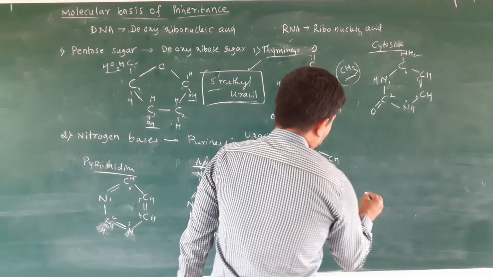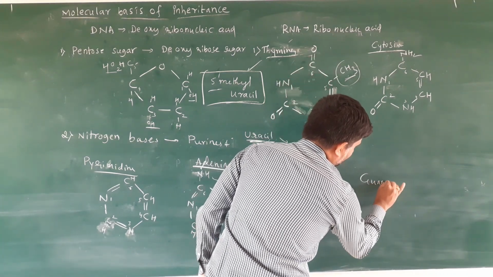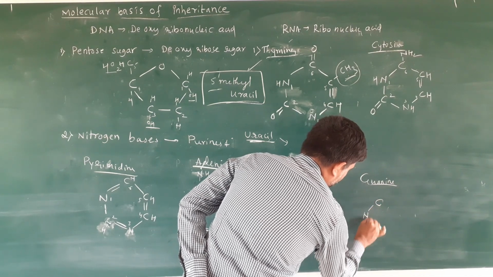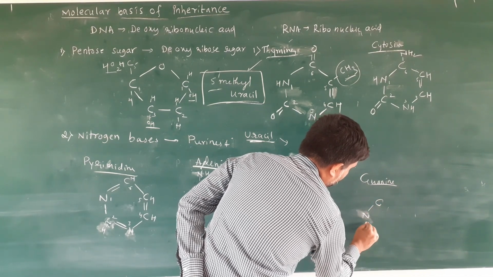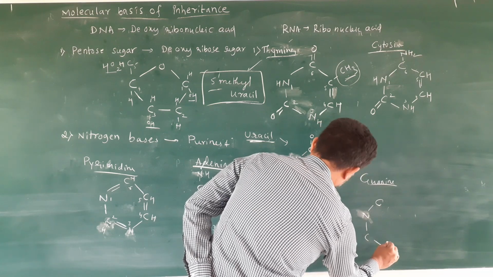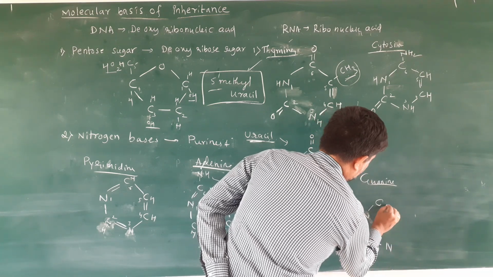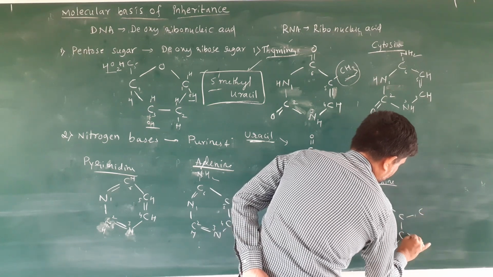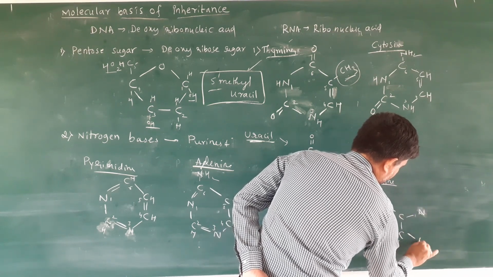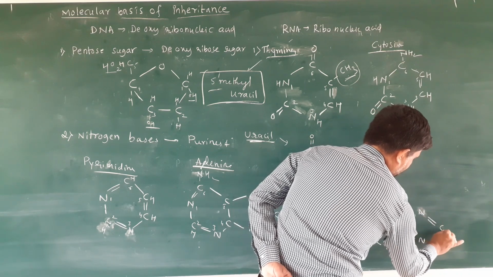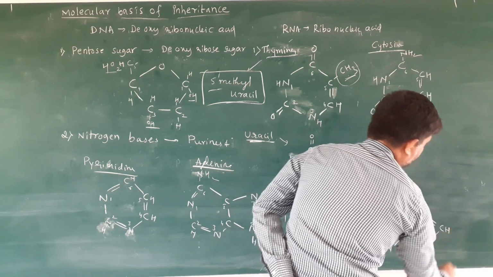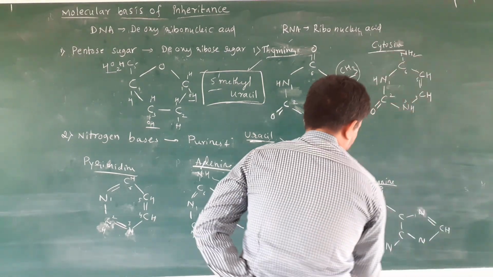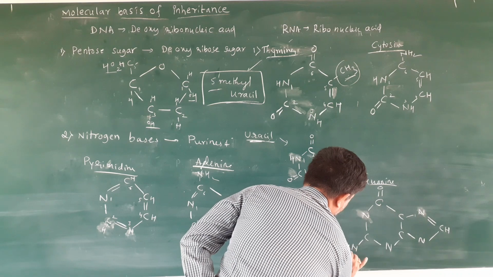And one more, guanine. I draw the structure: C, N, C, H. Here a ketone group is present, and here an amine group is present.